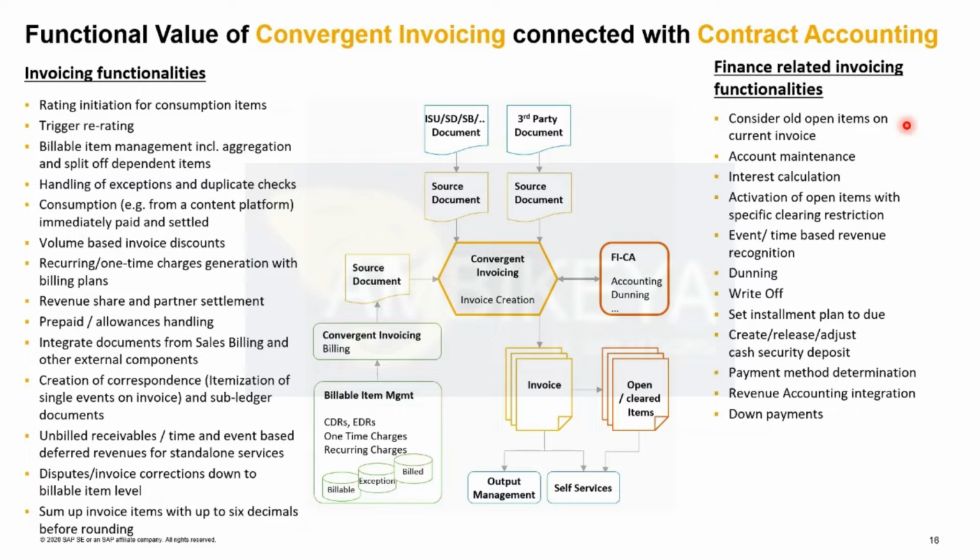So the benefit of this is we have this all in access when we create an invoice. So we can save the batch window for later account maintenance and dunning processes in FICA, and hence reduce the batch window and the time needed to execute these processes. That's a very crucial point.